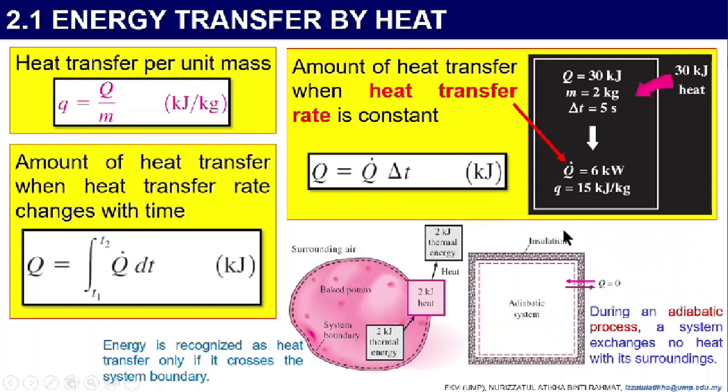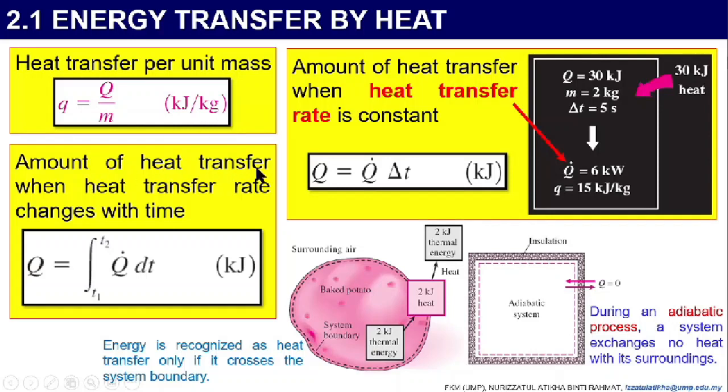Now let's see several equations for energy transfer by heat. The equation for heat transfer per unit mass, denoted with a small letter q, equals uppercase Q over m. Don't forget the SI unit, kilojoule per kilogram.